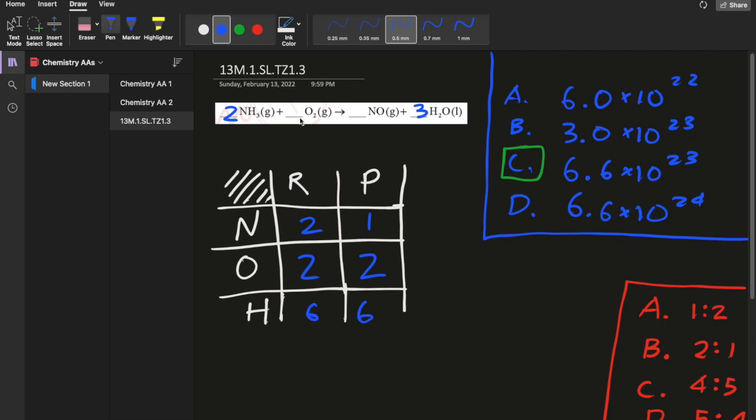And what we'll have to do is keep changing the coefficients in order to make all of the elements match on both sides.